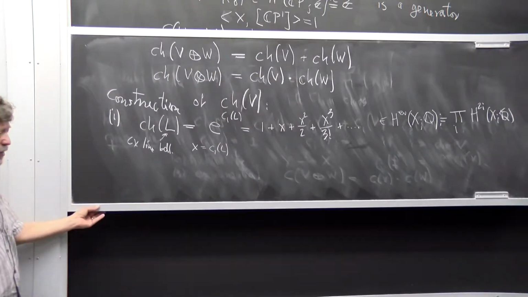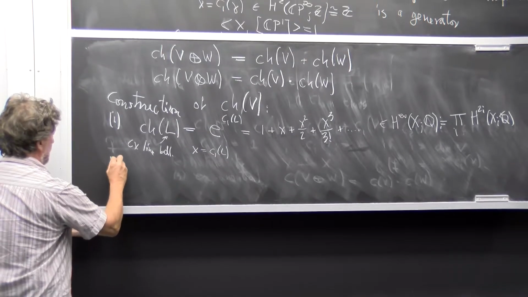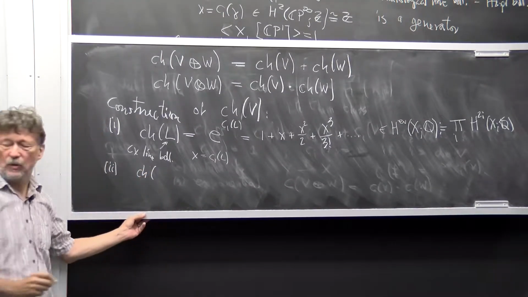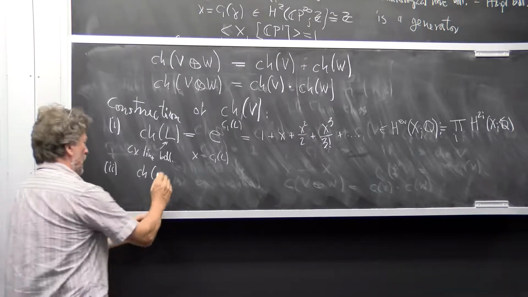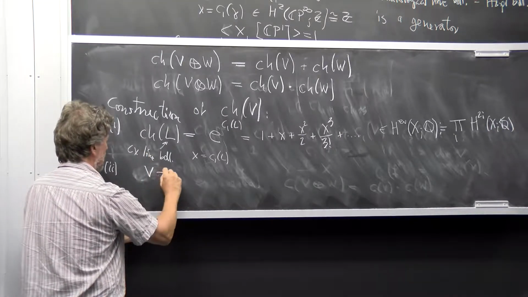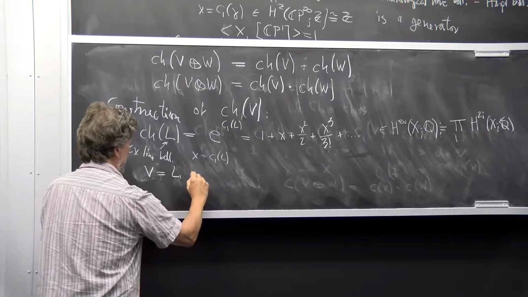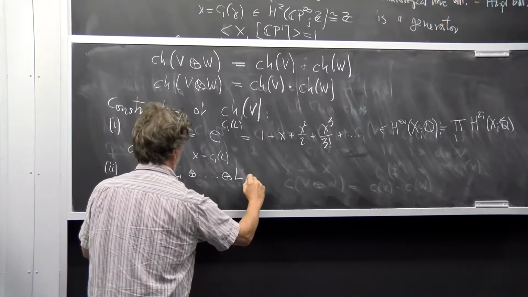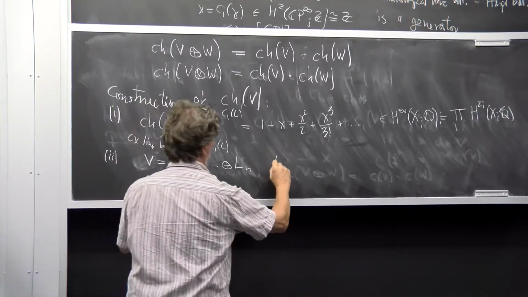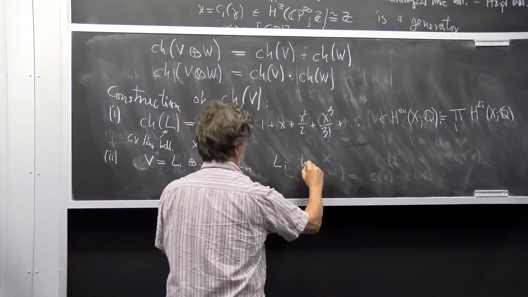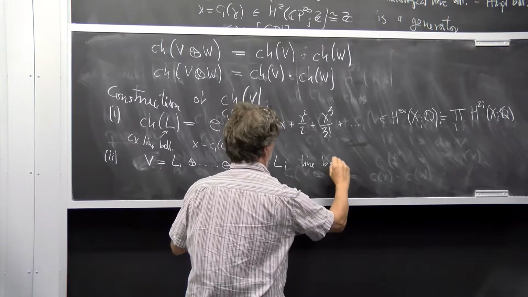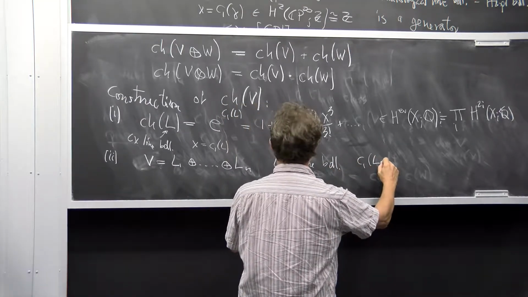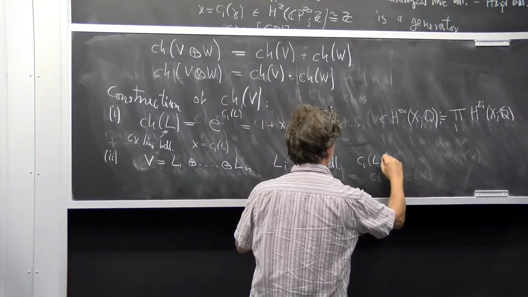How do you get it for a general bundle? Well, let's assume first we want to apply it to the special case where V is the sum of line bundles L1 through Ln. So the Li's are line bundles, and let me denote the first Chern classes of these line bundles by xi.